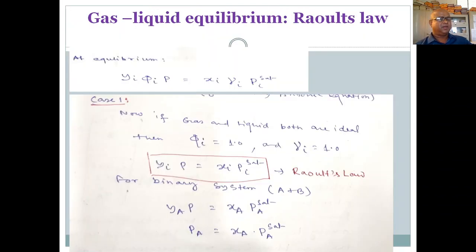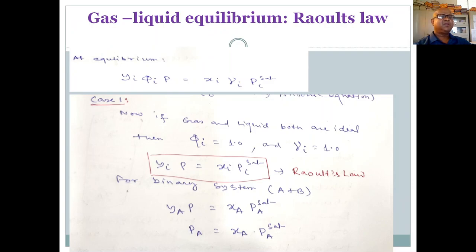Now if we take the generic easy case, that is, if both gas and liquid are ideal, if the gas phase is ideal, this phi I will be 1, and for the liquid phase gamma I will be 1. So yi P, or you can say the partial pressure pi, equals xi into pi sat. That is Raoult's law. So Raoult's law is applicable for ideal cases when both gas and liquid are ideal.